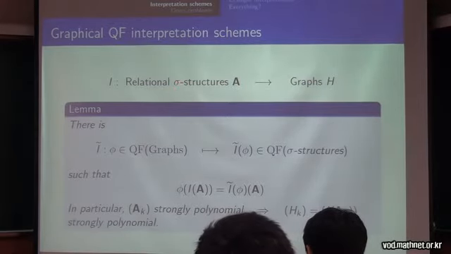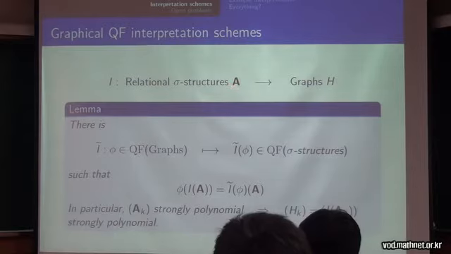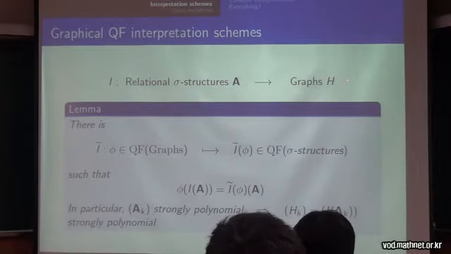So for a graph, sigma is the binary relation. So for an arbitrary relational structure, this interpretation scheme sends it to a graph. So it converts this structure into a graph in some way. And the some way involves that it only uses quantifier-free formulas to do it.